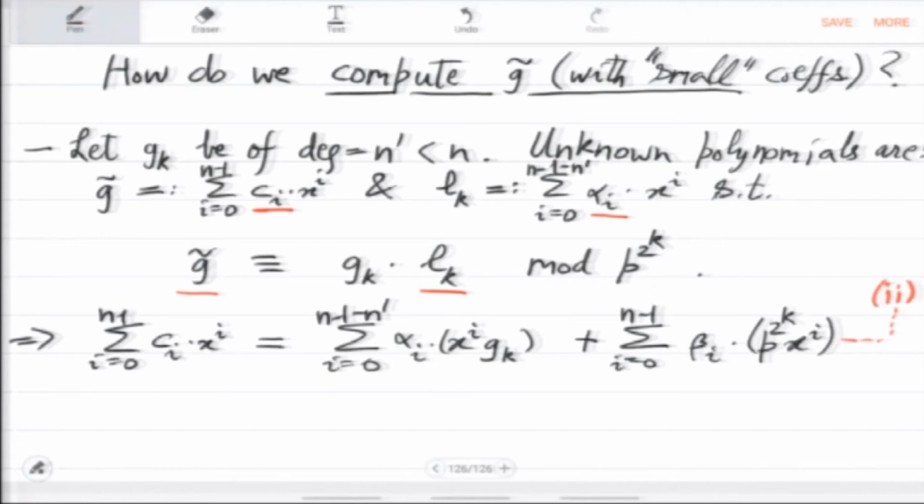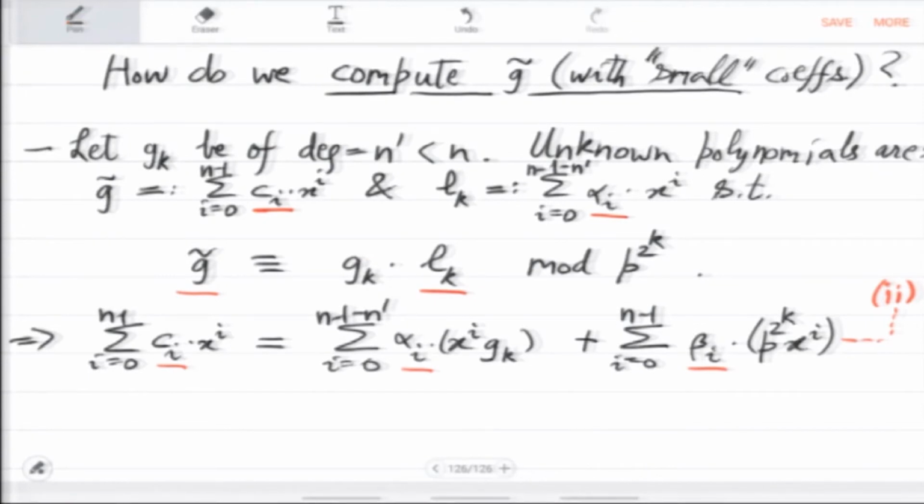Okay, so here the unknowns are ci, alpha i, and beta i, and they clearly are roots of a linear system, and they are also integers. That is what we are looking for.